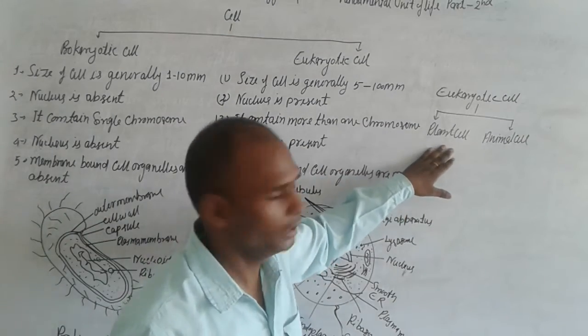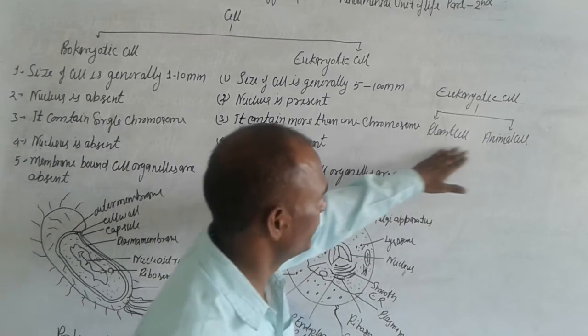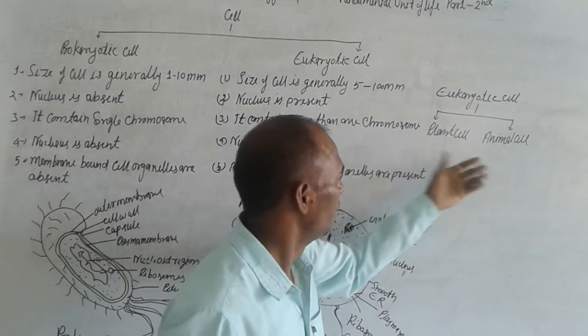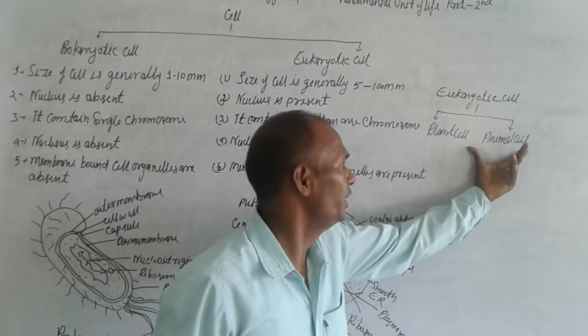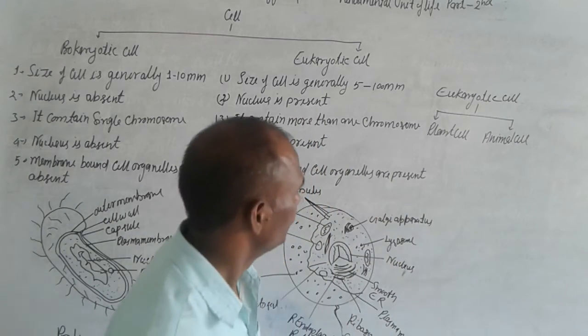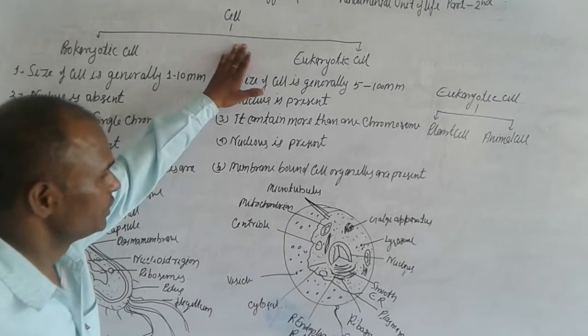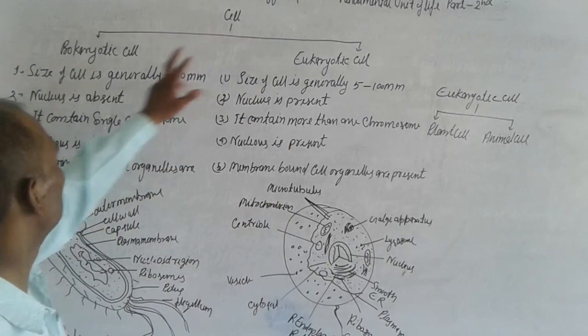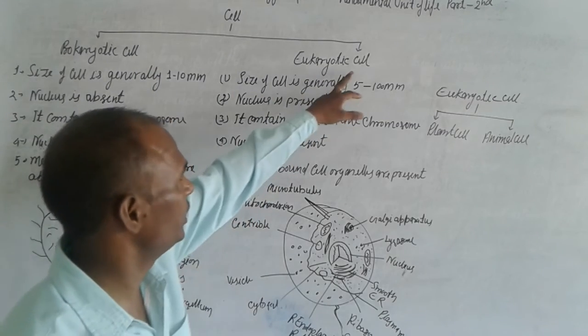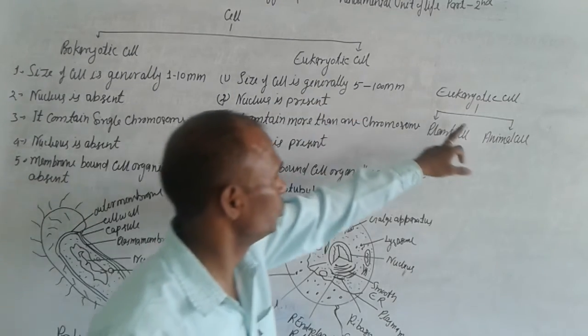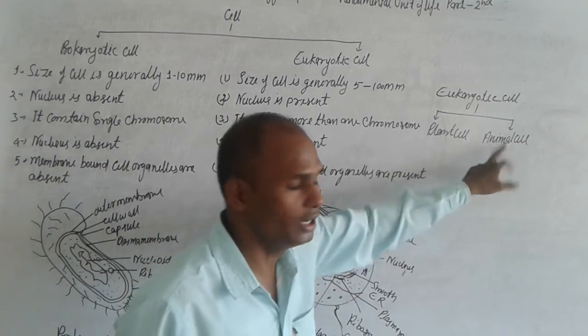Plant cells occur in plants and animal cells occur in animals. All plants have plant cells and all animals have animal cells. So cells are classified into two parts, prokaryotic cell and eukaryotic cell. Further, the eukaryotic cell is classified into two parts, plant cell and animal cell.